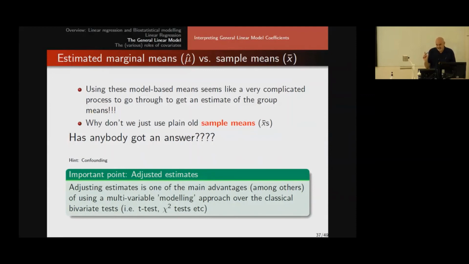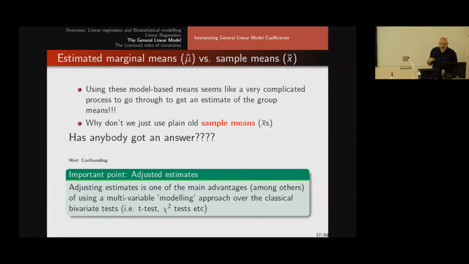Confounding, okay, confounding. So what happens if my females are older, on average, by 10 years in my sample? The difference between males and females might be due to the age, or it might be due to the gender effect. We don't know.